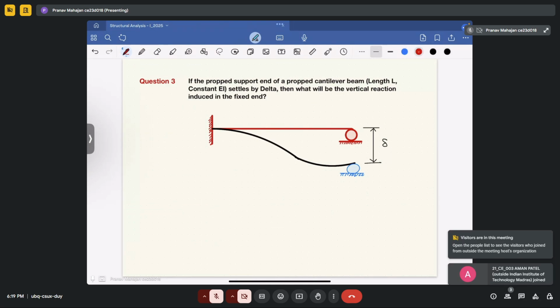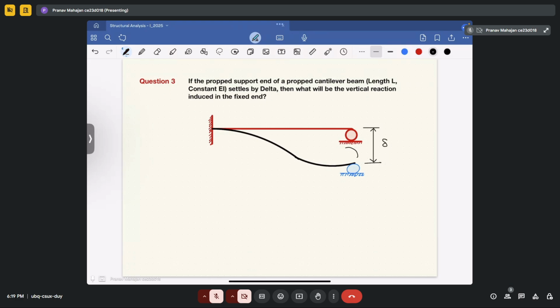So let's say it is a clockwise moment. Let me tell you it is a clockwise moment of how much? 6 EI upon L square. So this much moment is provided to produce a settlement of delta.